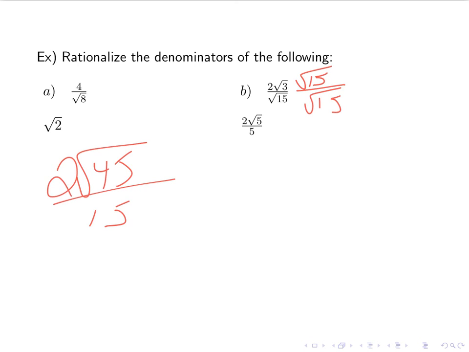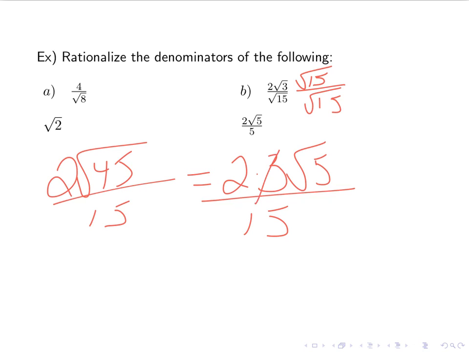Then I would look at 45 and say that it is 9 times 5. Root 9 is 3, and I still have a root 5 on top. And then I look at it and say, okay, 3 goes into 15 5 times. And there is my 2 root 5 over 5.